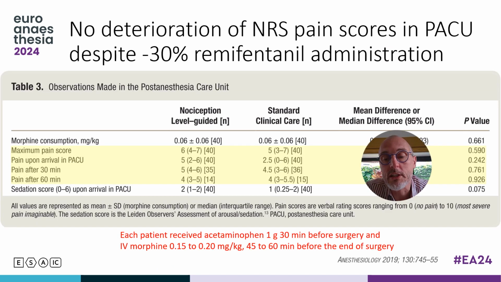And despite the fact that we reduce remifentanil with 30%, there's no significant difference between the pain scores in the control group versus the NOL-guided group. Of course, this is because the scores are relatively low in both groups, and that is because in this study there was an effective strategy to cope with postoperative pain, being 1 gram of paracetamol and a sufficient dose timely administered of morphine.